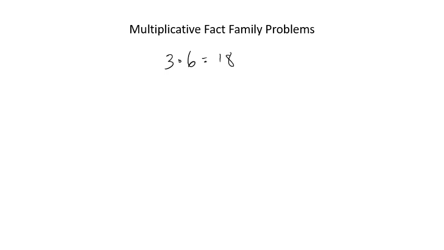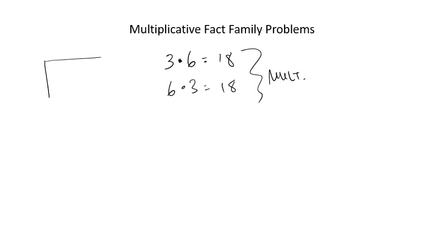There should be 4 total problems, so 3 more that are part of this family. The other one would be 6 times 3 equals 18. These are my two multiplication problems, and these show the commutativity of multiplication, that I can do the 3 times 6 or the 6 times 3.